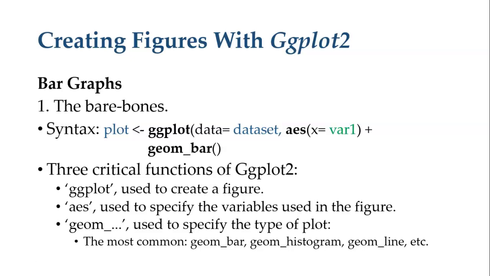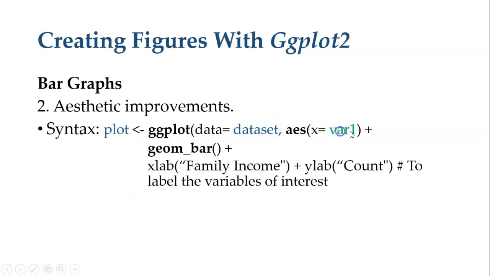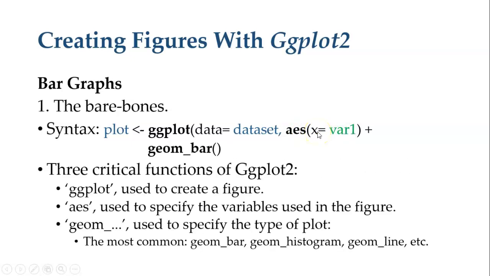So it's critical to always use that function. This second function, aes, is also critical because you use it to say which variables you're going to have. In this case, you only have one variable. For that reason, it's called x, but you can have x, y, z, and so on and so forth.